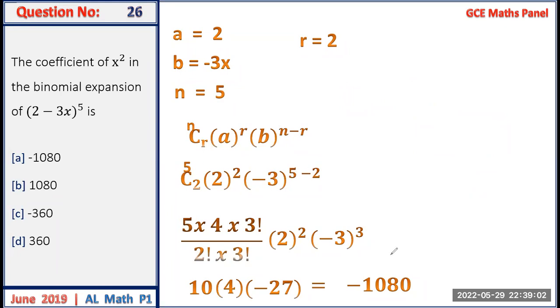But my combinations here give me the answer to be minus 1080, because the Tn term is equal to n combination R, A to the power R, B to the power n minus R. And if I put in all my parameters, because I already know that R, the power of the term here, is 2, if I fit in 2 here, that's why we are having this answer, minus 1080.